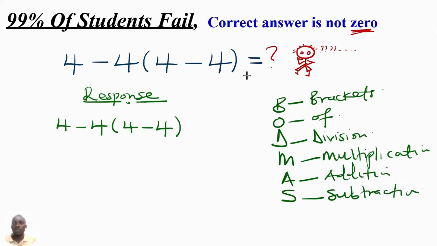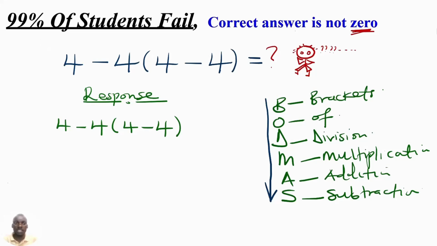When following BODMAS, the order of what each letter means is in that direction, whereby the brackets are given the first priority.